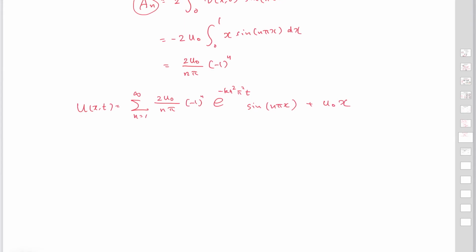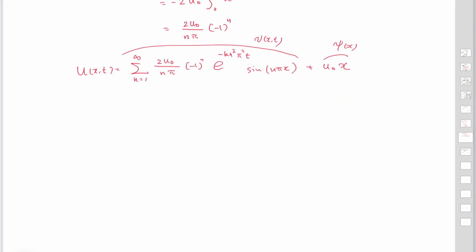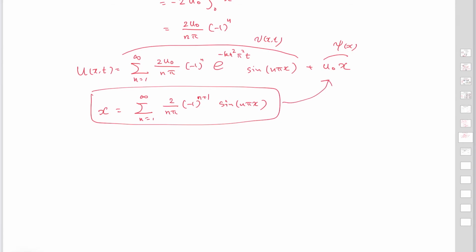Because of psi, this is psi x. This is v(x,t). Actually, x you can express using the Fourier series expansion: the sum from n equals 1 to infinity of 2 over n pi times minus 1 to the n plus 1 sine n pi x. So you can substitute this into here.